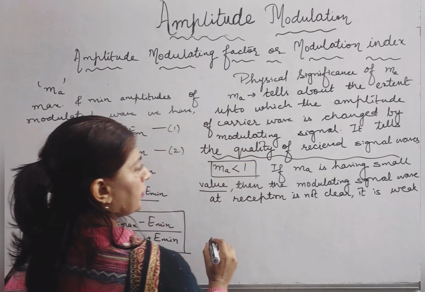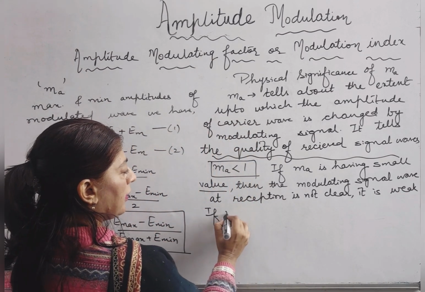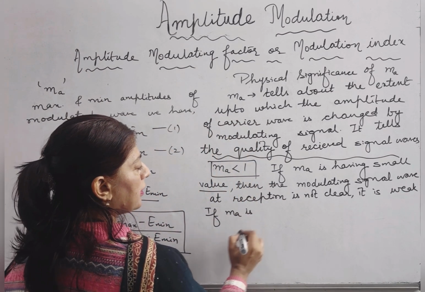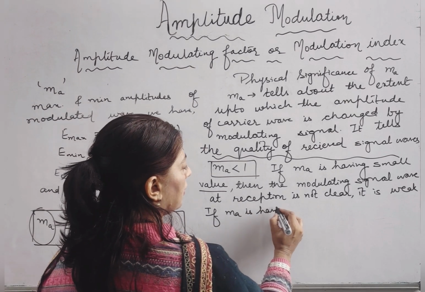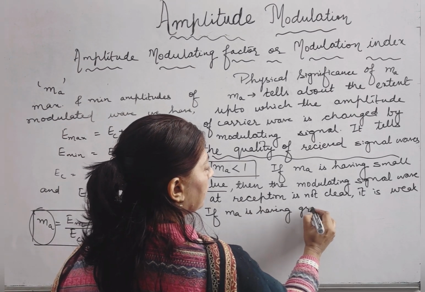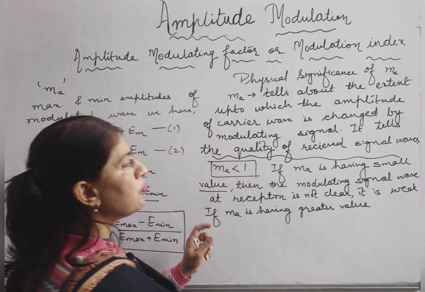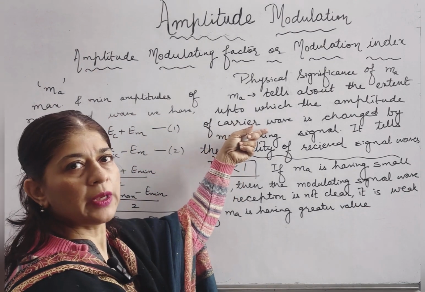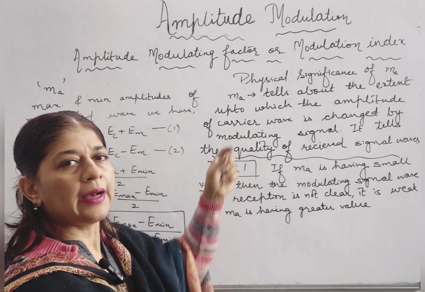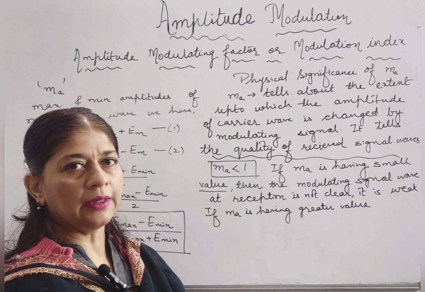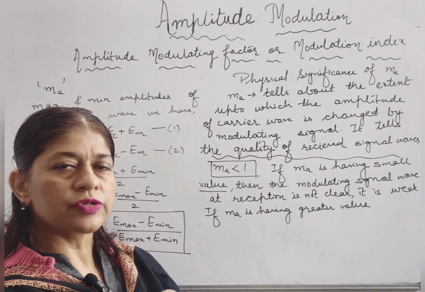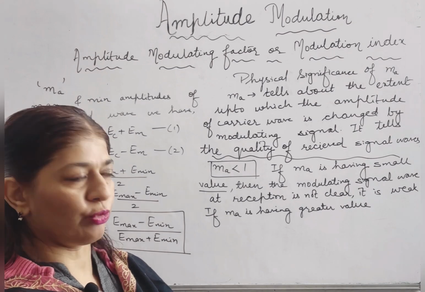On the other hand, if MA has a greater value, it means the modulation is being done efficiently, and at the output we have a clear signal and the strength of the output is good.